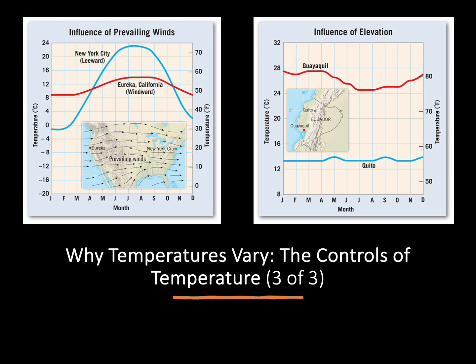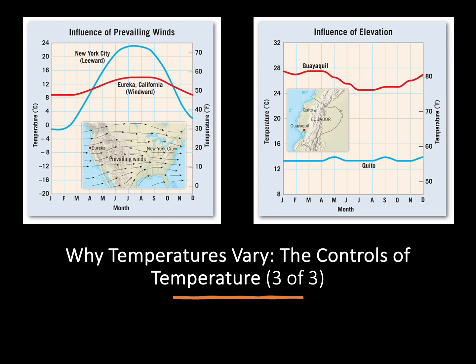It doesn't change a whole lot over the year. But as our winds are moving over our entire continent, making their way to New York City, by the time they get here, you'll notice that New York has really warm summers as well as really extreme winters. So we have a bigger range in annual temperature due to the different types of winds and whether they're holding moisture or not.